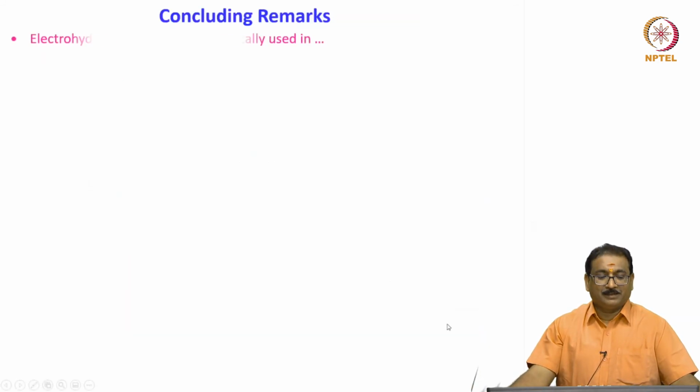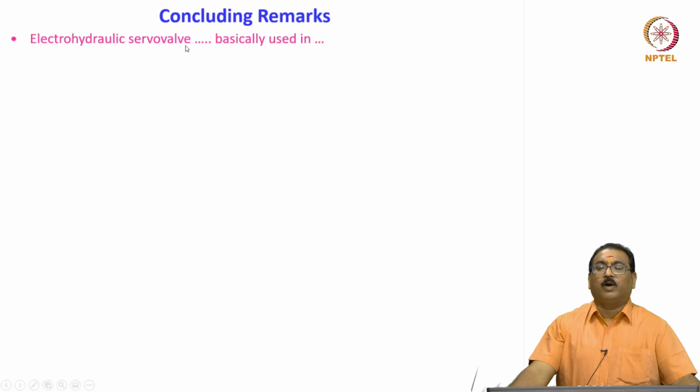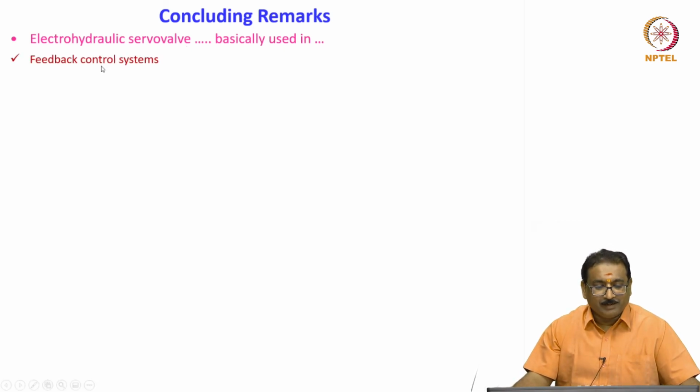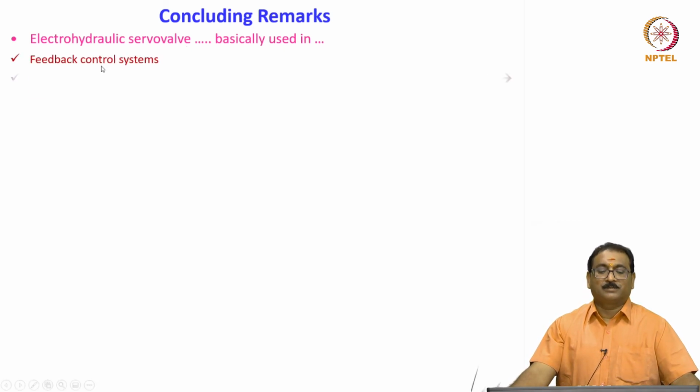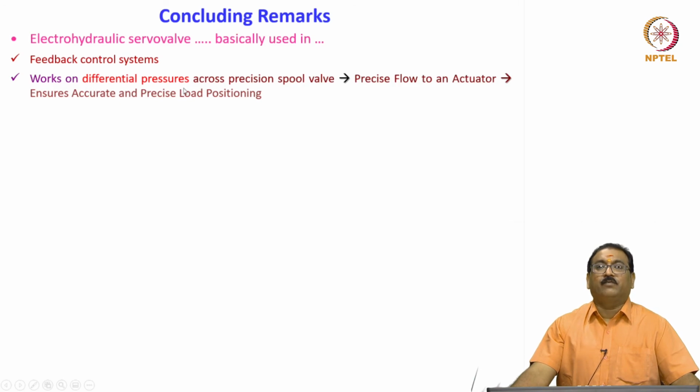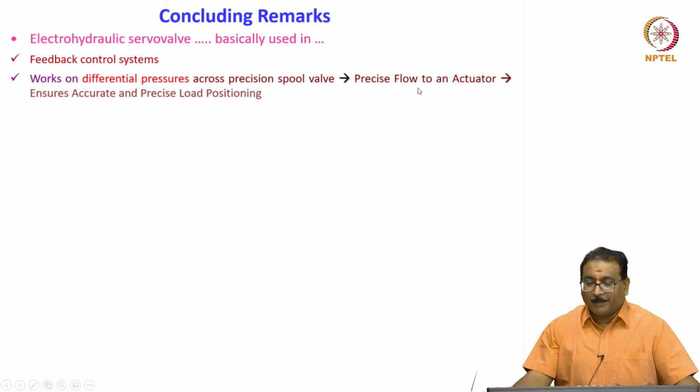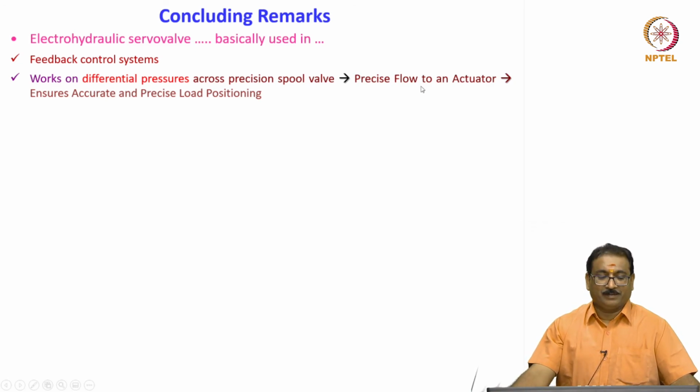Concluding remarks. The electro-hydraulic servo valve, basically used in feedback control systems, works on differential pressure across the precision spool valve, which results in precise flow to an actuator and ensures accurate and precise load positioning.